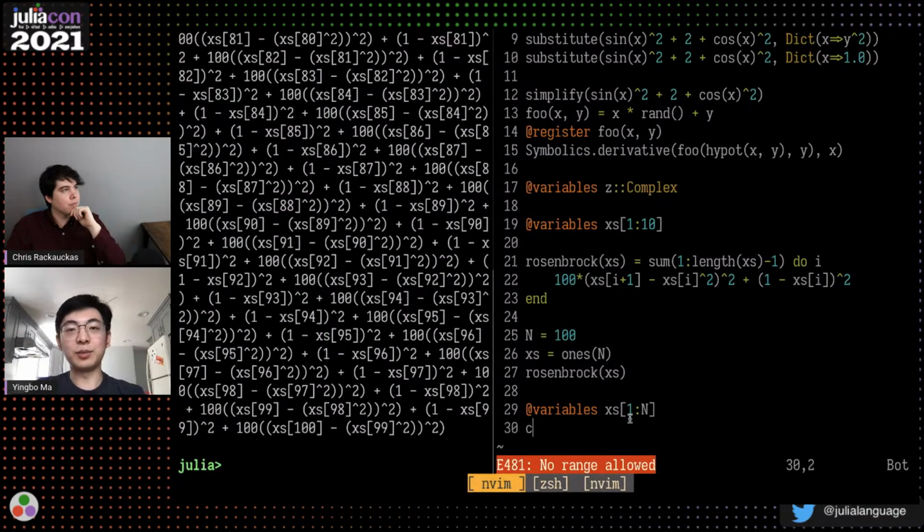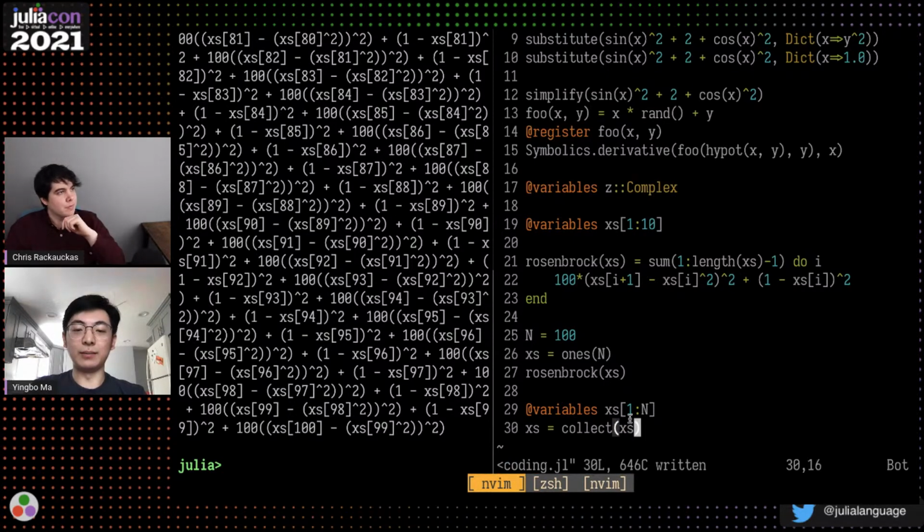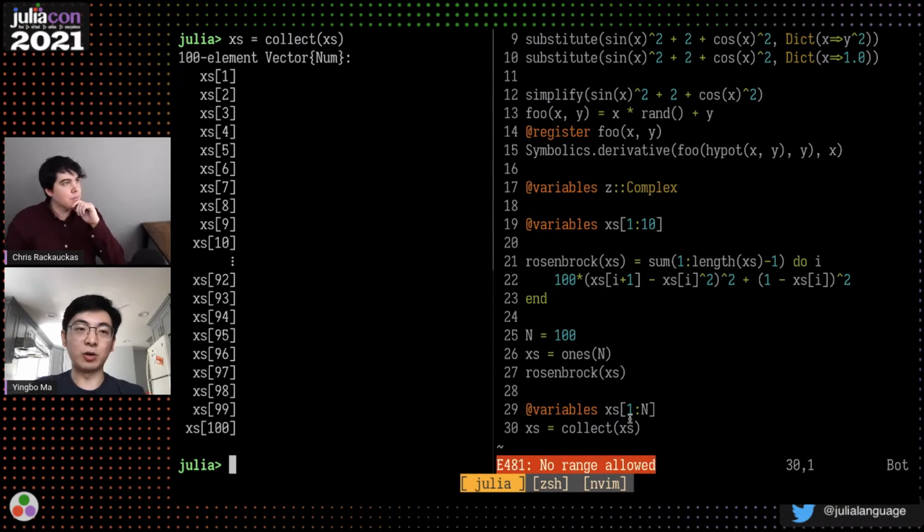Currently, the support for array variables is not very extensive, so in many cases, you want to expand the lazy representation of the array valued symbol into an eager representation of the symbolic value. But we are going to improve array symbolics later, so you don't have to call collect anymore.